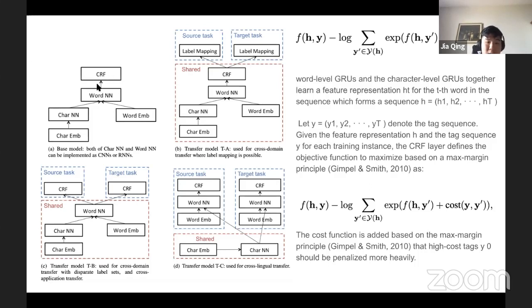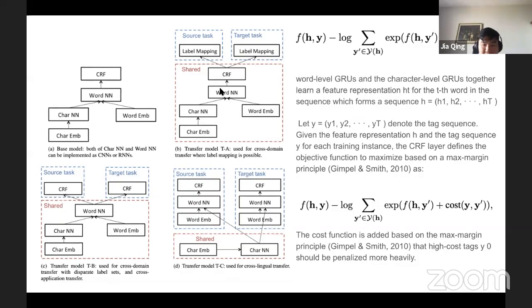The base model is one where character embeddings are fed into a character layer, and this character level layer encodes the morphological information. Then word embeddings are fed together with the character embeddings into a word level layer that combines those two feature representations together, and then outputs a new feature representation into a CRF, and the CRF is what then eventually creates your sequence labels.